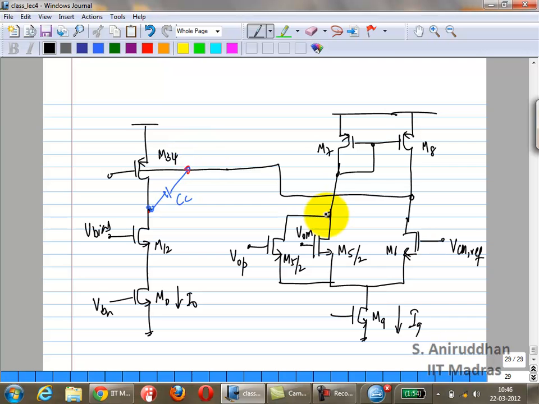What is the problem with this? When you compare it to the resistive detector. Definitely input impedance is infinite. Okay, so your DC gain is not changed. What's the problem?